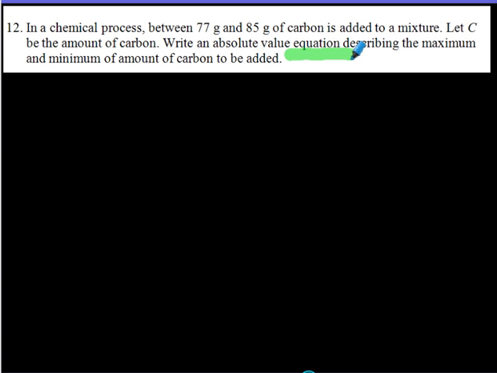So I can start off with that. They told us to use a C, so if you use an X, use a C. It'll be the amount of carbon. Write an absolute value equation describing the maximum and minimum.